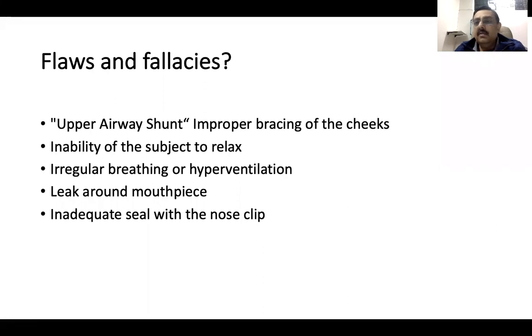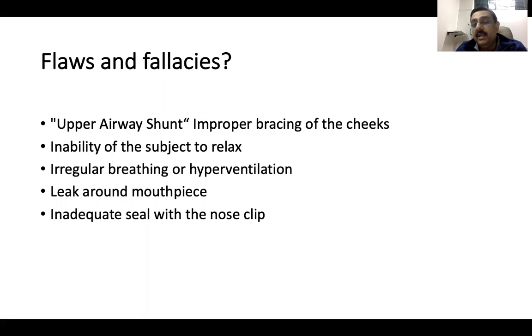Now, there are still flaws and fallacies which we know. There's an upper airway shunt: if you don't fix the cheeks or hold the cheeks like this, then because of the movement, there's an upper airway shunt. Then there is inability to relax. A lot of children are anxious when the test is done, and hence the values can be quite different.